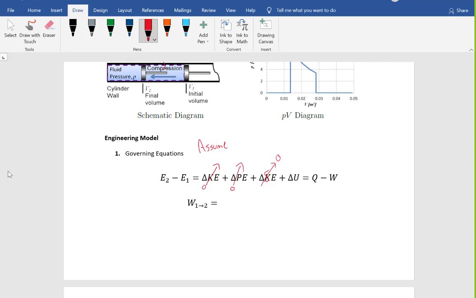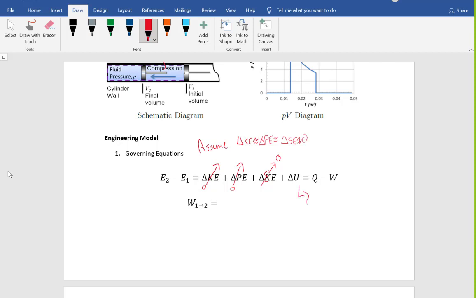Because when you do that, you very clearly demonstrate to me that you know what you're doing, right? That your assumptions are very clear when you do this. So here we're going to say that delta KE is approximately equal to delta PE, approximately equal to delta SE, and they're all approximately equal to 0.